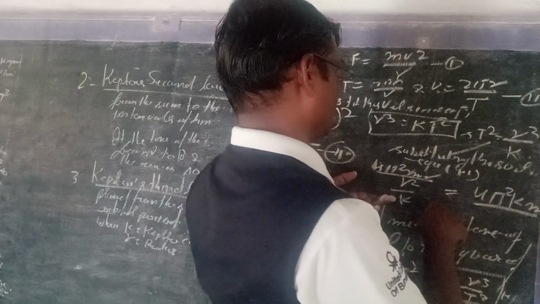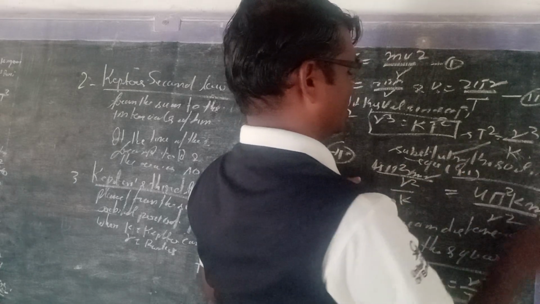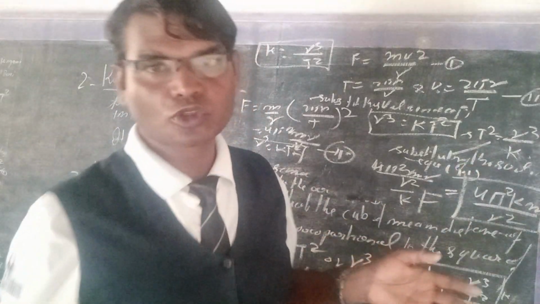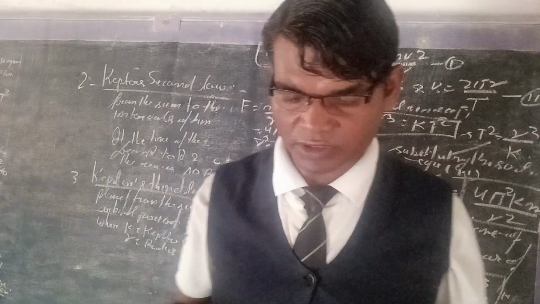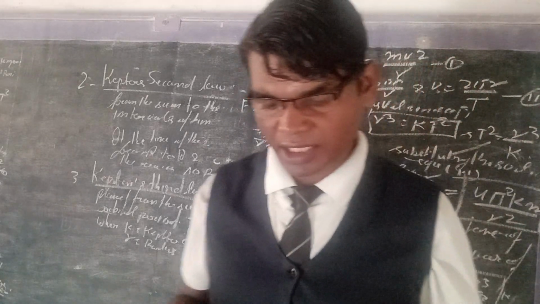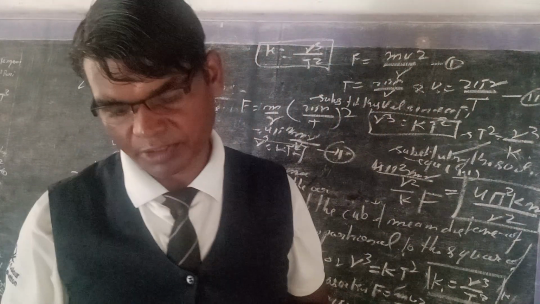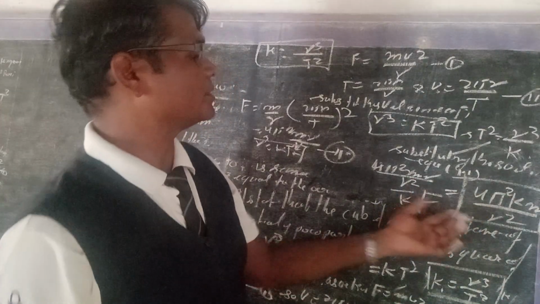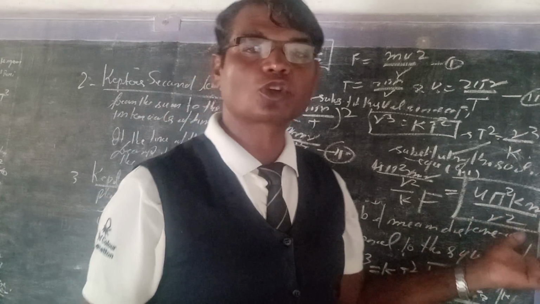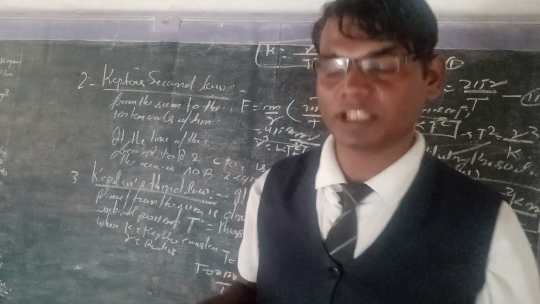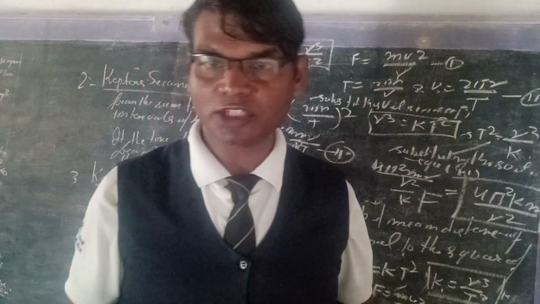R is inverse and R squared. This is the gravitational force between the sun and the planets: F is equal to 4 pi squared K m by R squared. With the help of this formula, we can calculate different questions associated with physics.